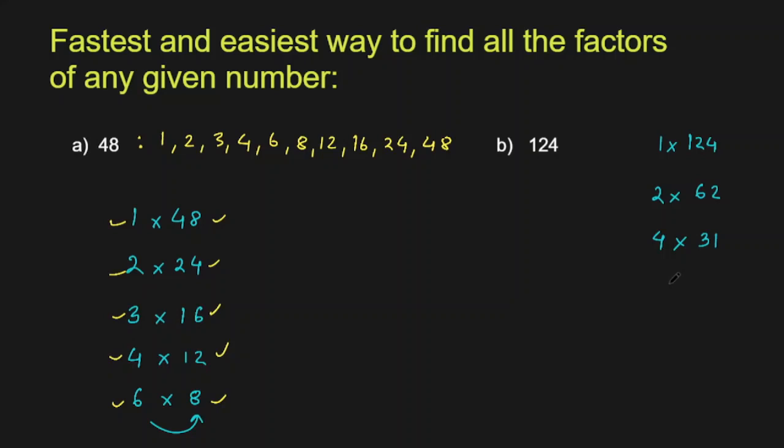No. No, 8. It doesn't go with any of the other numbers. So okay, the factors of 124 are 1, 2, 4, 31, 62, and 124. That's it.